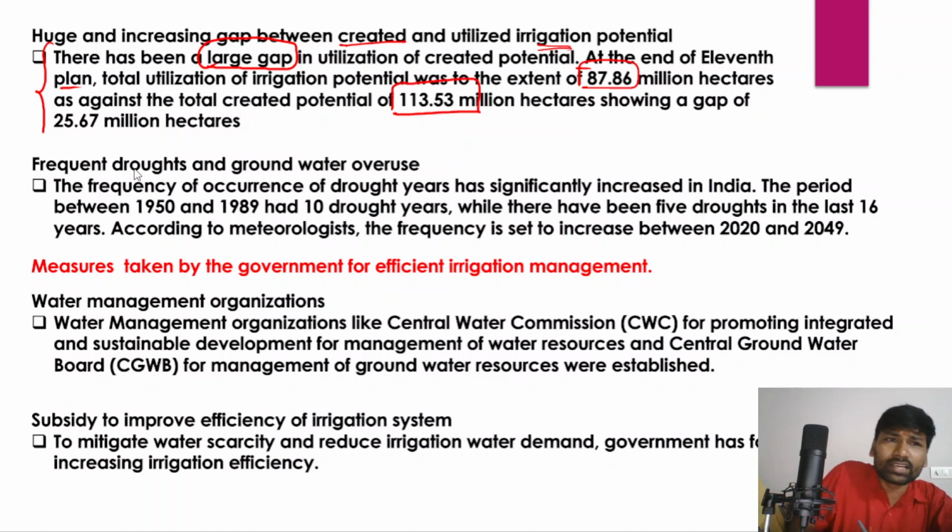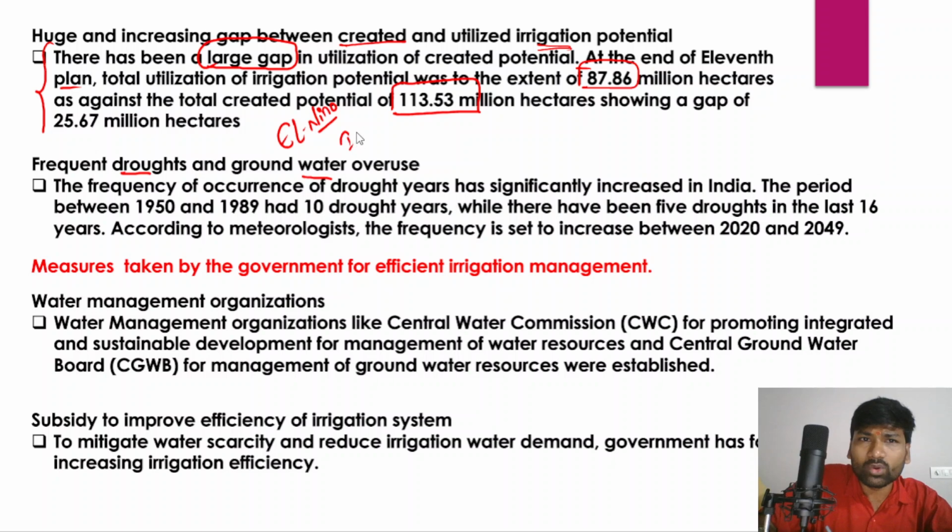And apart from that, there are also frequent droughts and even groundwater overuse. I've told you that there are phenomena like climate change and global warming, and these have resulted in increased frequency and intensity of drought-like conditions, particularly due to conditions like El Nino, right? So El Nino and the Indian Ocean dipole, particularly the negative Indian Ocean dipole.